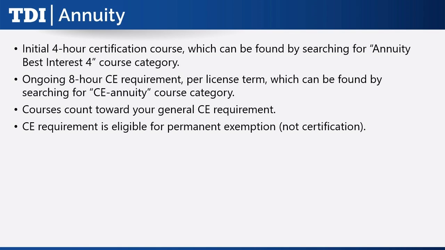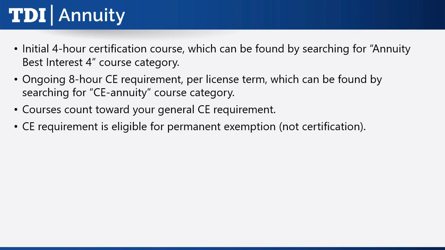Starting with annuities, if you are an agent that wants to sell annuities, before you can start selling them you need to take an initial 4-hour certification course, which can be found by checking that annuity best interest course category that we saw when we were searching for courses. After you complete that certification, you need to take 8 hours per license term in order to maintain that compliance and continue to sell annuities.